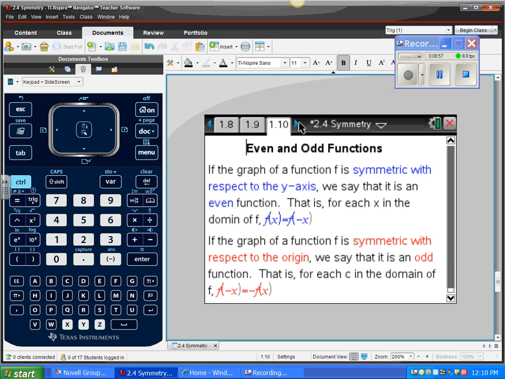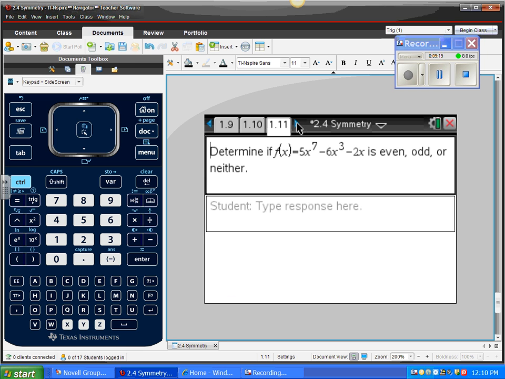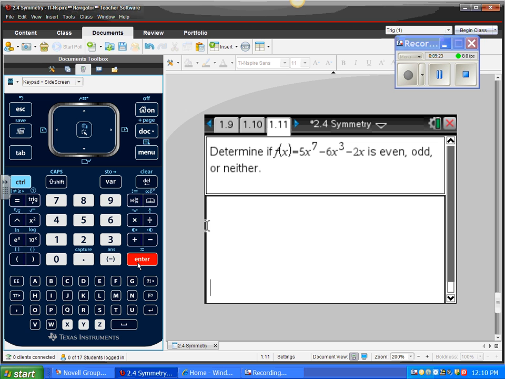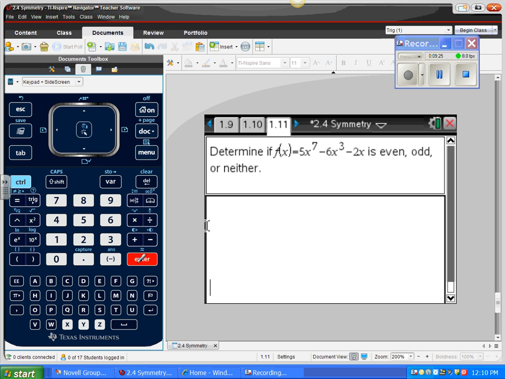All right, so here's what you need to remember. Even, we plug in negative x. Odd, we plug in negative x and negative y. Okay, so negative x is even, and that's symmetric to the y-axis. And then odd is symmetric to the origin. Okay, so let's give this a peek. We're going to determine if it's even, odd, or neither. I always tend to start with trying to determine if it's even.